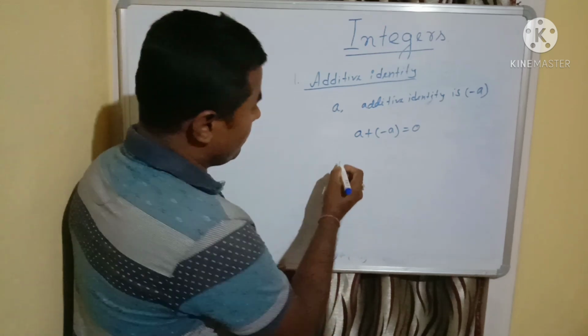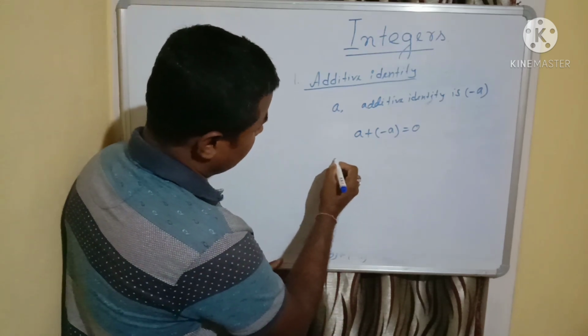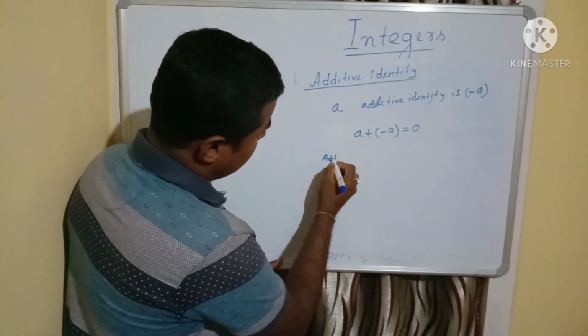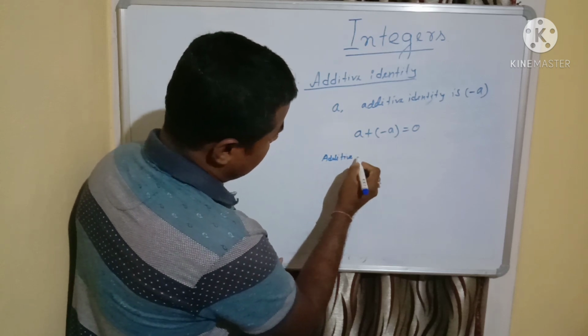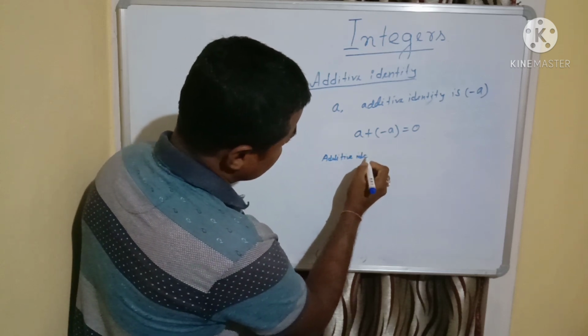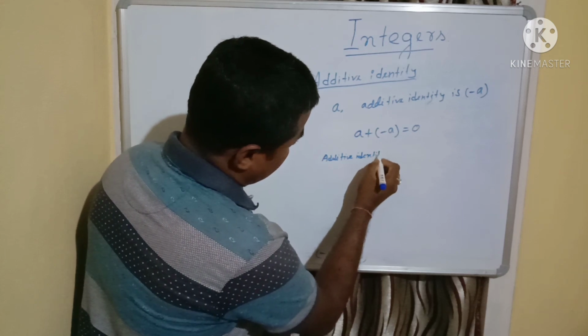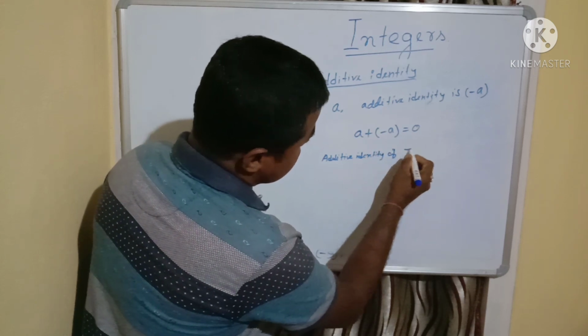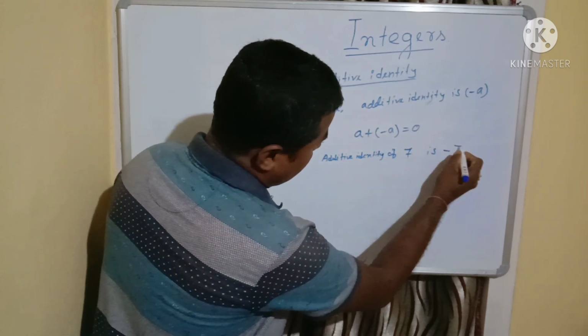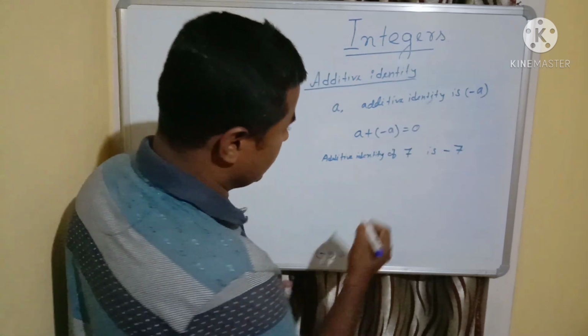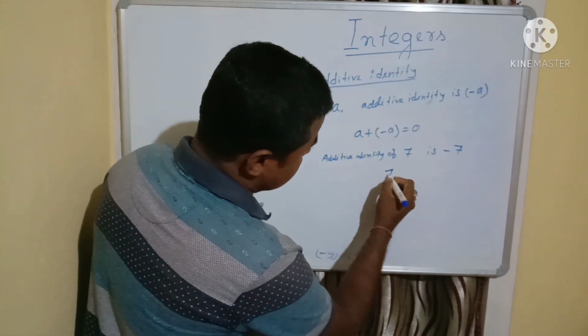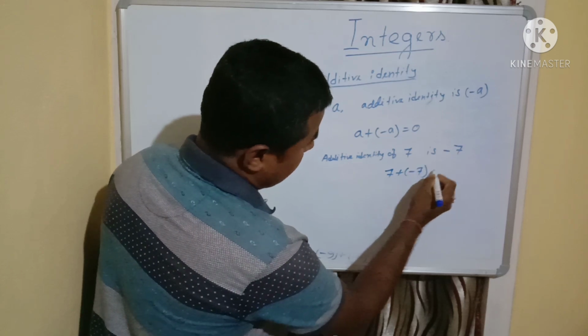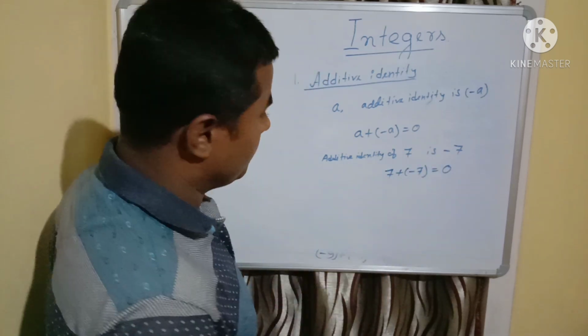So for example, the additive identity of 7 is minus 7, because 7 plus minus 7 equal to 0.